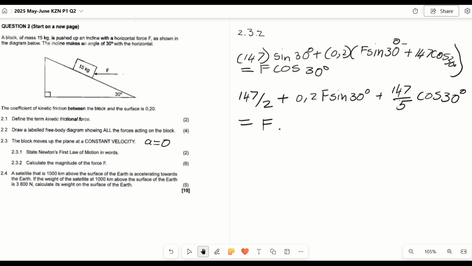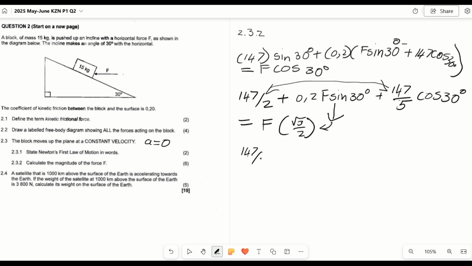Just for simplicity, we'll find out what cos 30 equals to. That's root 3 over 2. Okay, what can we do now? I think we can add these two together since they're on the same side. And we can take this to the other side of the equation. What I mean by that, let me just write it down before it gets too complicated.